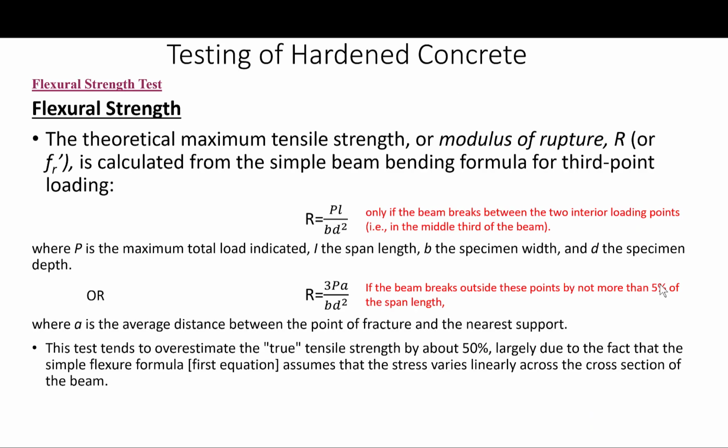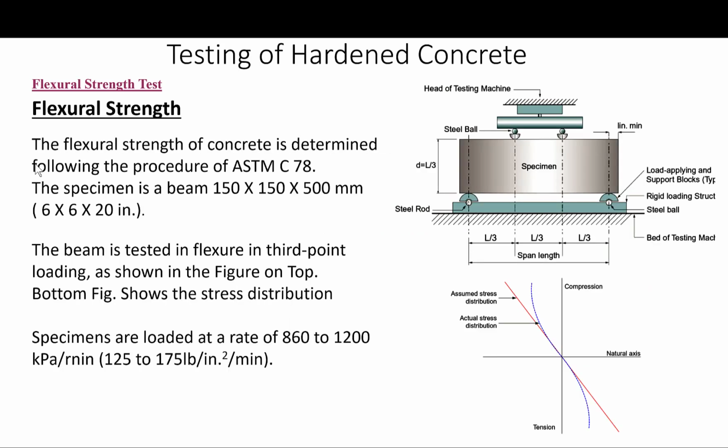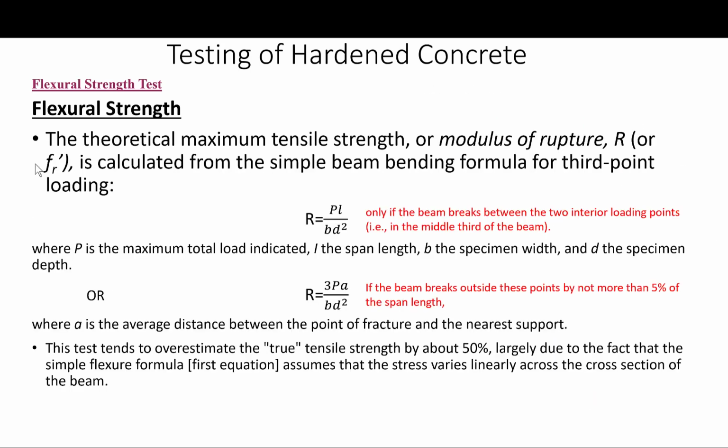Then the theoretical maximum tensile strength, what is referred to as modulus of rupture, R or f'r, is calculated from the simple beam bending formula for third point loading. Remember that.